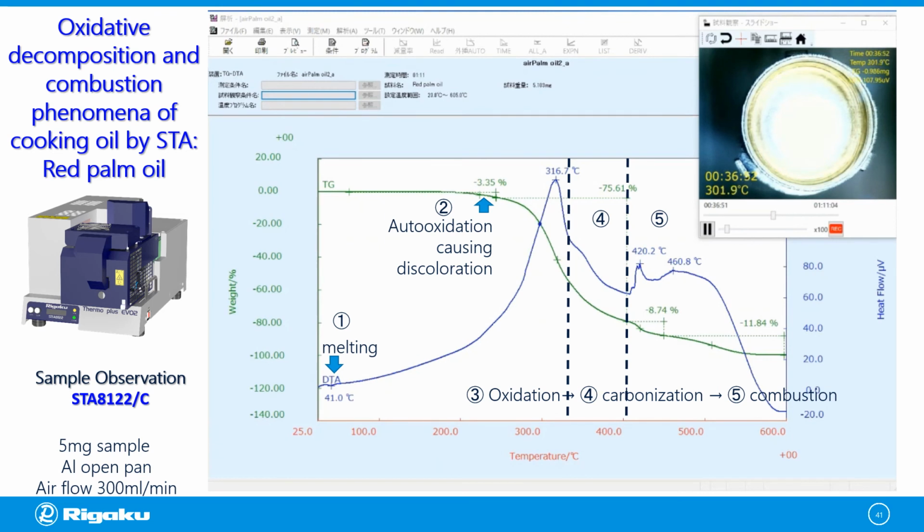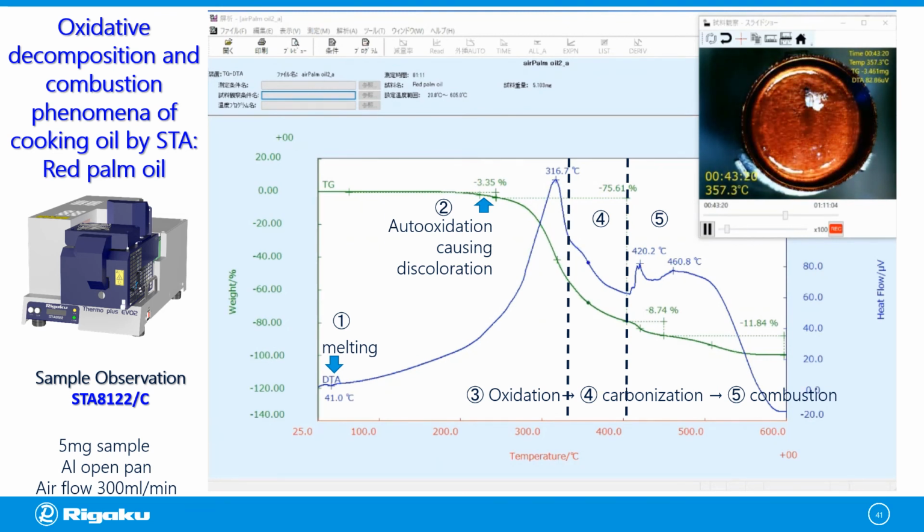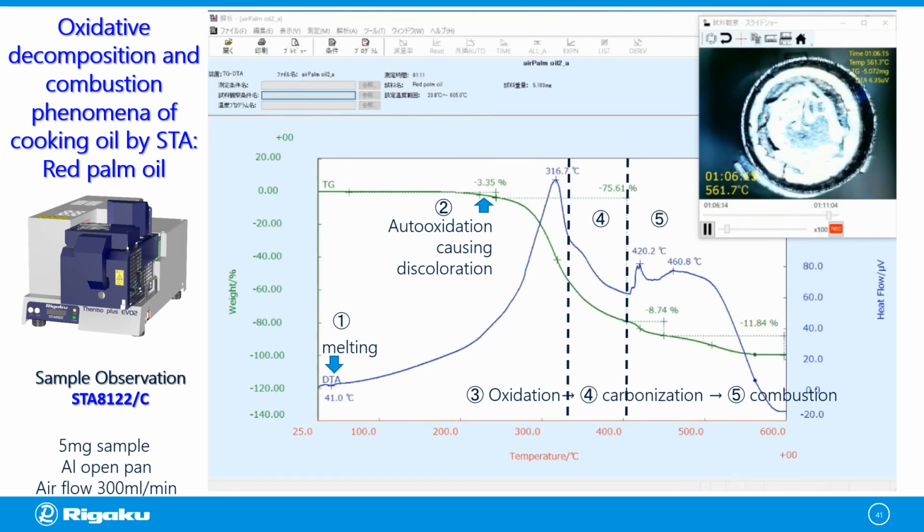We can clearly elucidate the change in color in relation to different stages in the oxidation reaction, carbonation, and finally, combustion of the red palm oil. Then at around 600 degrees centigrade, we can observe a 100% mass loss.